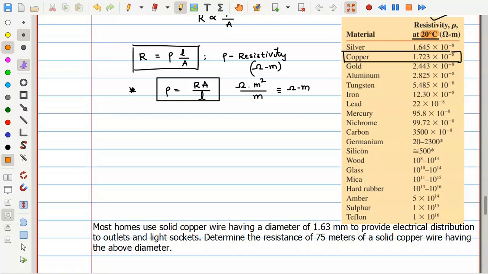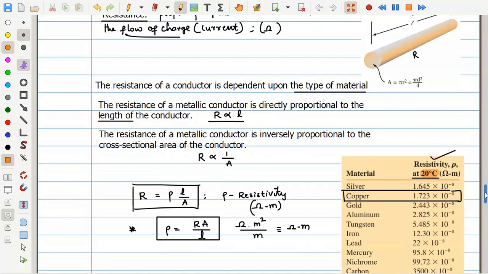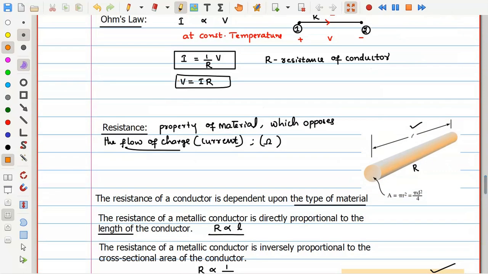So you should be very careful whenever you are dealing with Ohm's law, these expressions, R is equal to rho L by A, or V is equal to IR. You should take care of what the temperature is, and whether the temperature is maintained constant or not. Get this point into your mind immediately when you talk about Ohm's law.